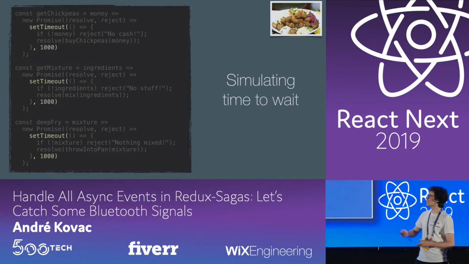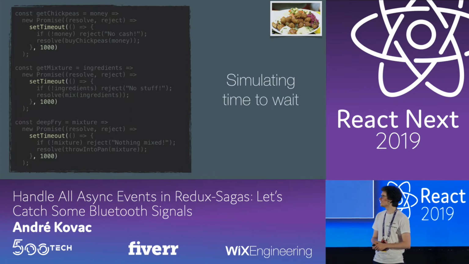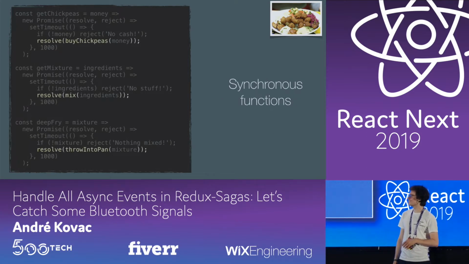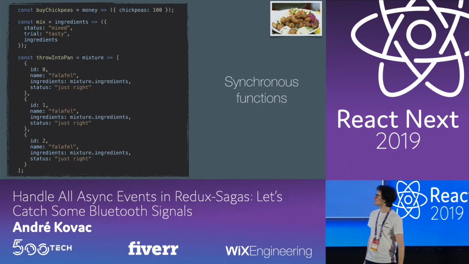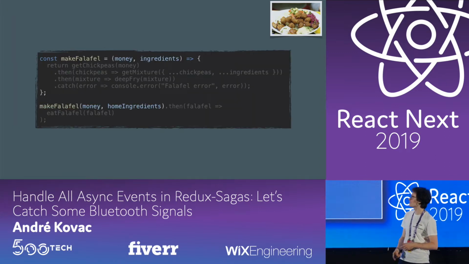And I modeled this with setTimeout, because you can never rely on the internet. So I did it like that, which you will see later. And I resolve it with just some synchronous function where I did basically some statements just so we see something happening when we do something.